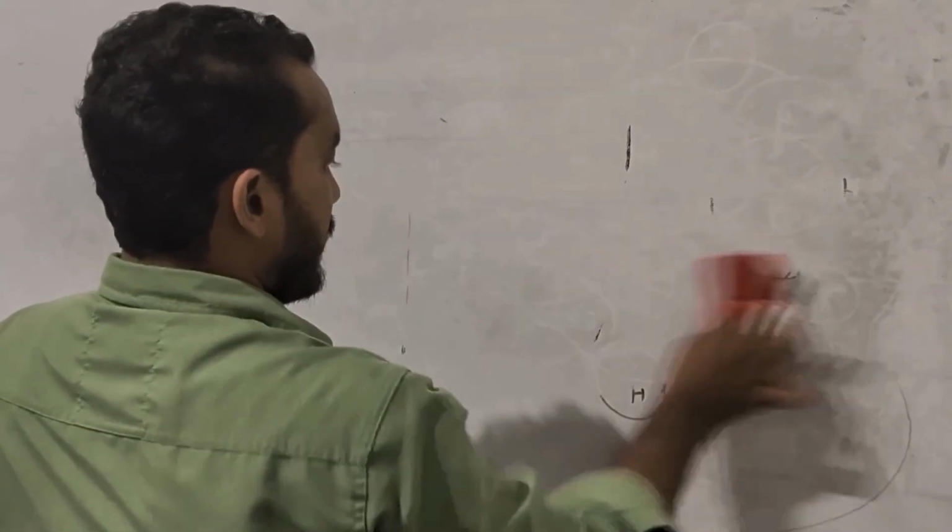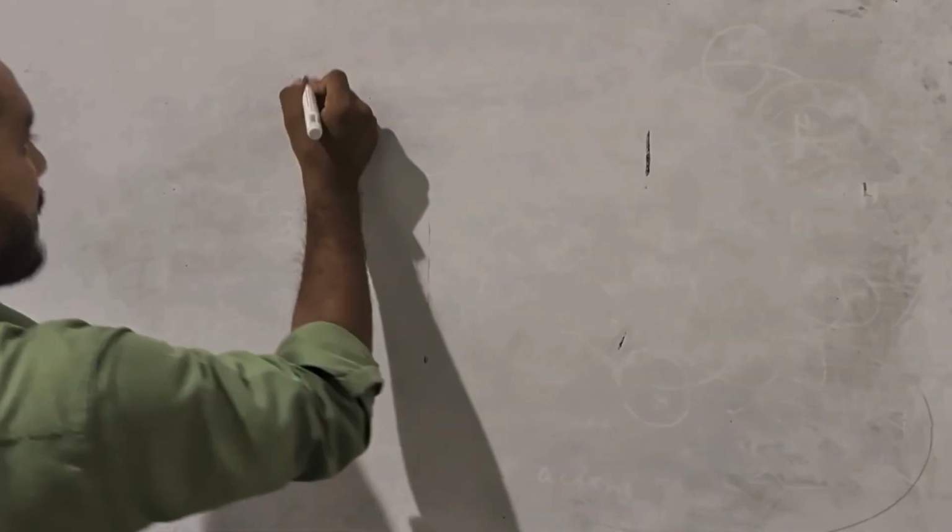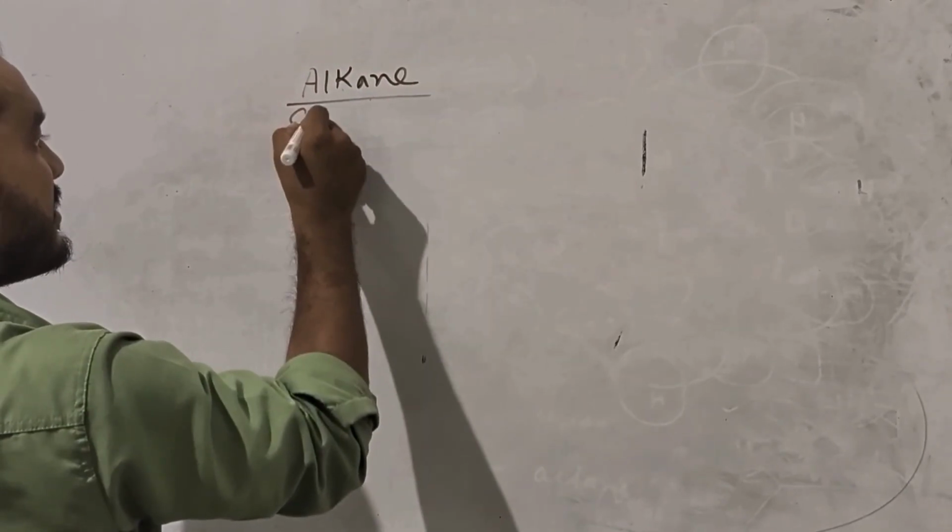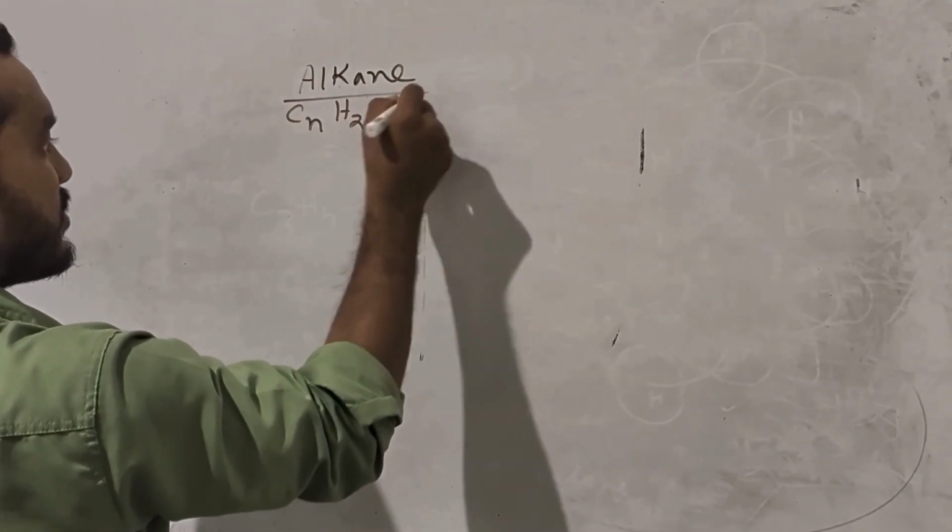Now one more point is there: in the exam they will ask you to find the total number of covalent bonds in cases like heptane, like pentane. First I will check it for alkanes. What is the general formula? CnH2n+2.